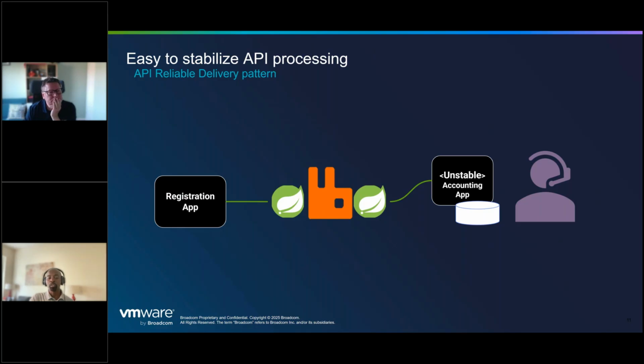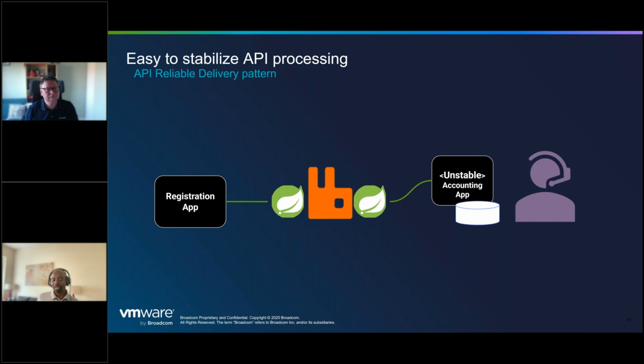And you can use various Spring projects that can reliably deliver that data to even the most unstable applications or systems, because as Howard mentioned, there are out of the box features like flow control, and replay capabilities built into Rabbit with the Spring APIs.